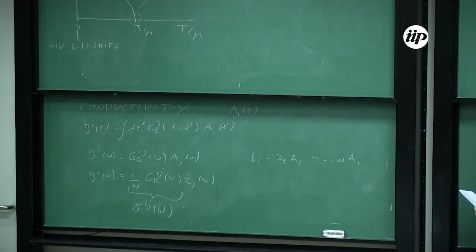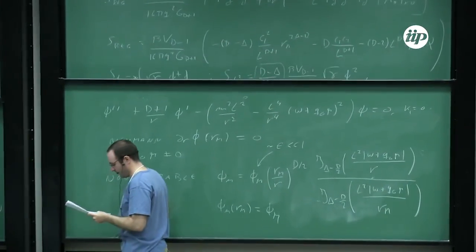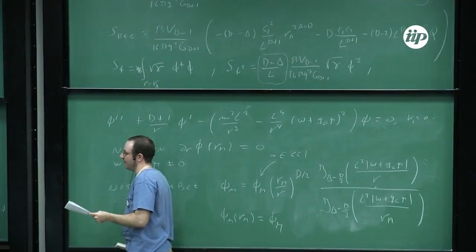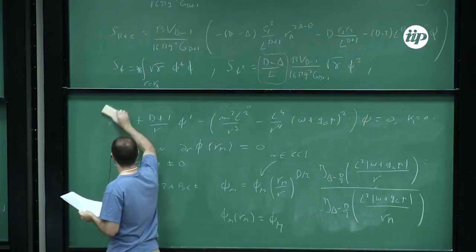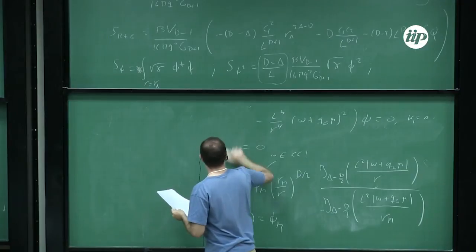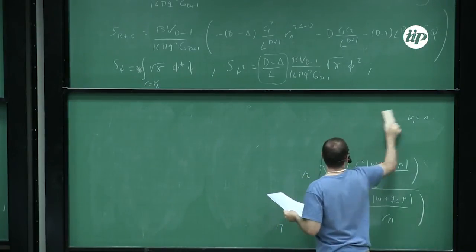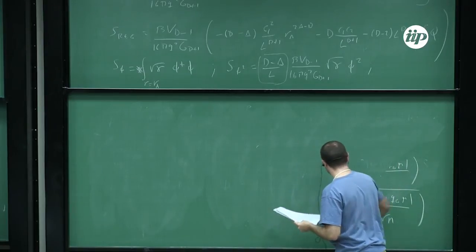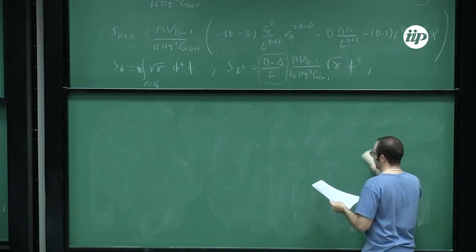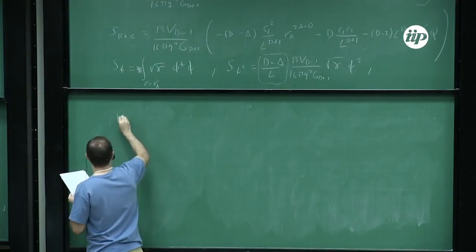So in order to compute correlators, we need to do fluctuations, in this case of the gauge field, because the gauge field in the bulk is dual to the current. So from the same equations of motion, we get that for the Fourier components of the gauge field, the equations are as follows.